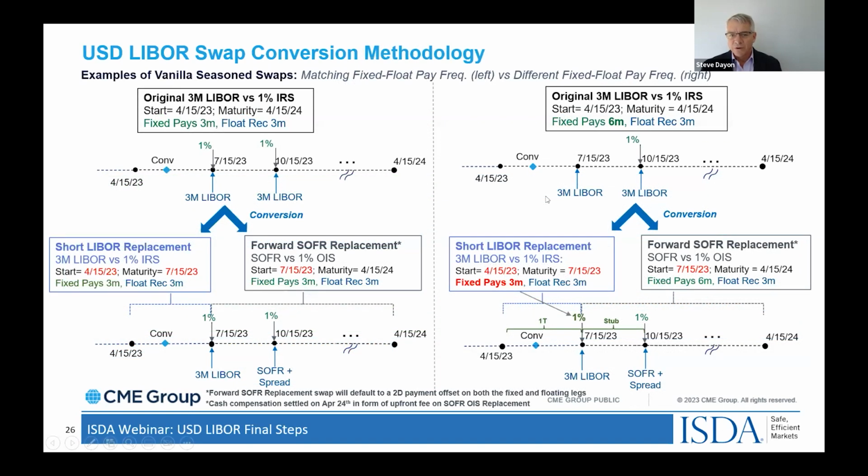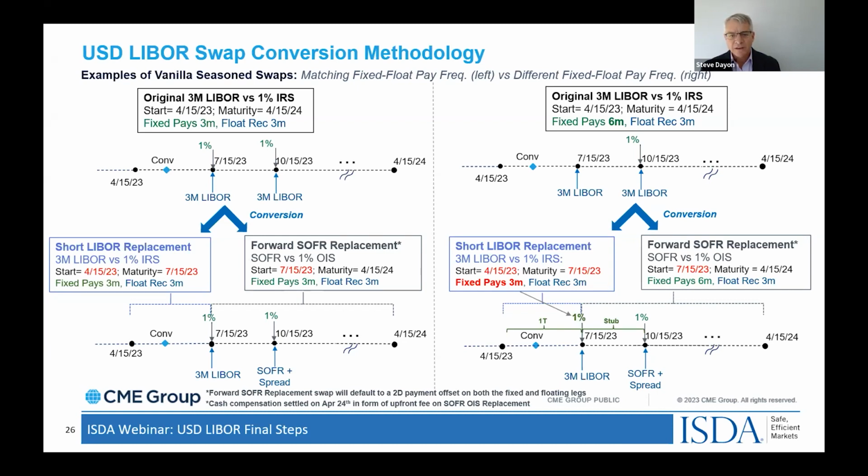Just want to walk through, and I'm going to keep this real quick, a very simple example of a 1-year swap. Let's say that the start date is 4/15/23. It's a 1-year swap, and both the fixed and the floating leg are 3-month payment frequency. So the way CME is going to handle this is we actually don't use a swap overlay.